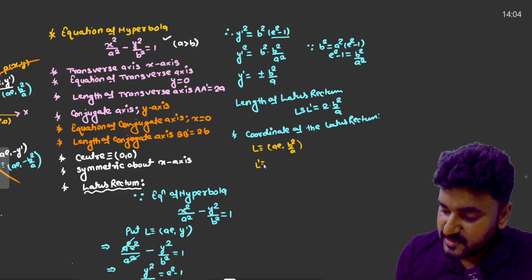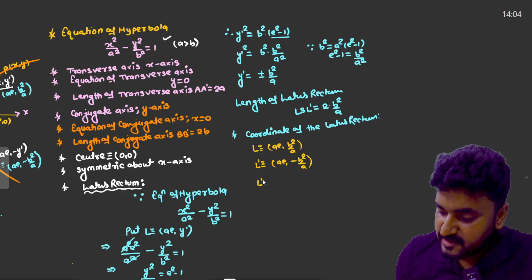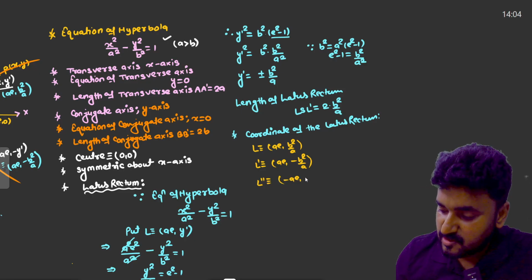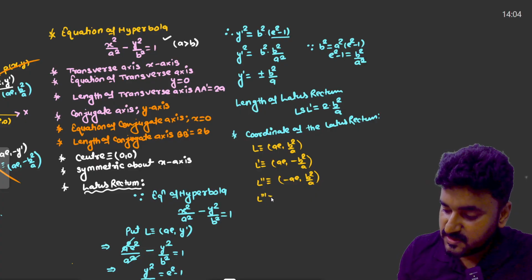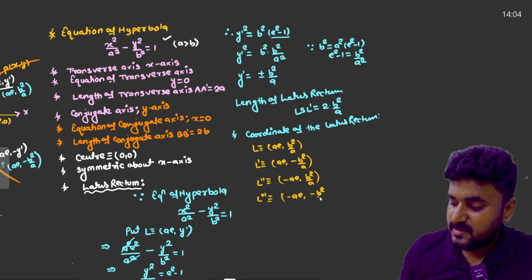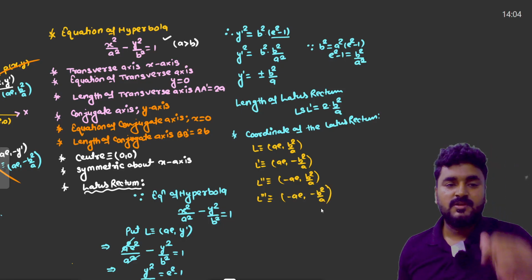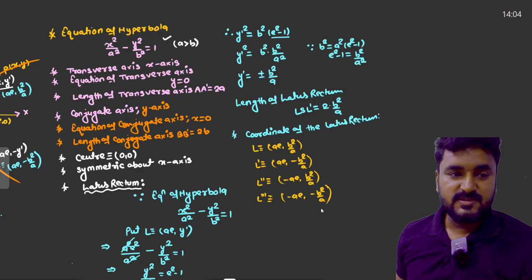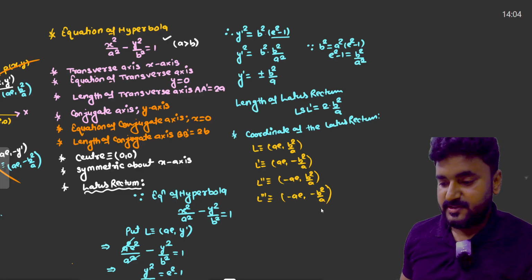L dash I can write as ae comma minus b square by a. And L double dash I can write as minus ae comma b square by a, and L triple dash we can write as minus ae comma minus b square by a. Okay, so this is all about your latus rectum and the coordinates of the latus rectum.